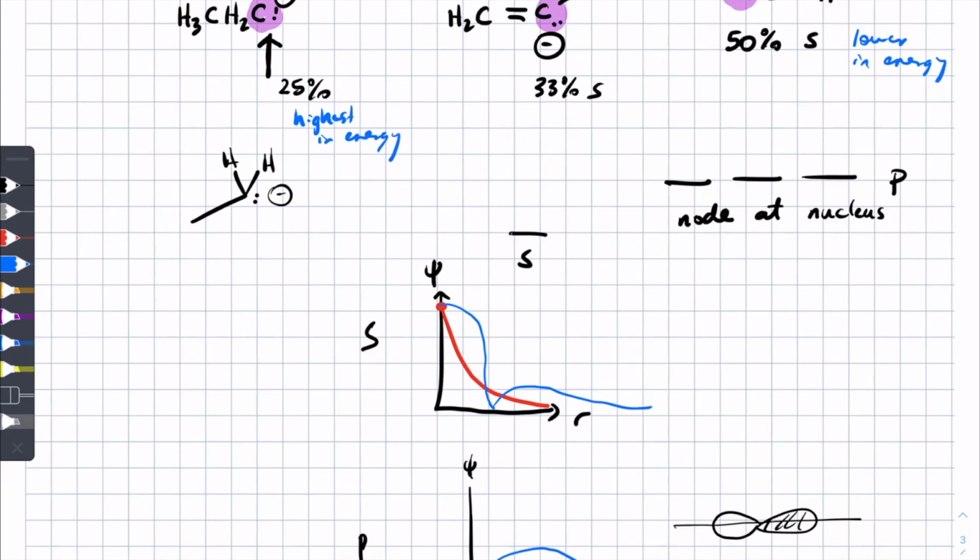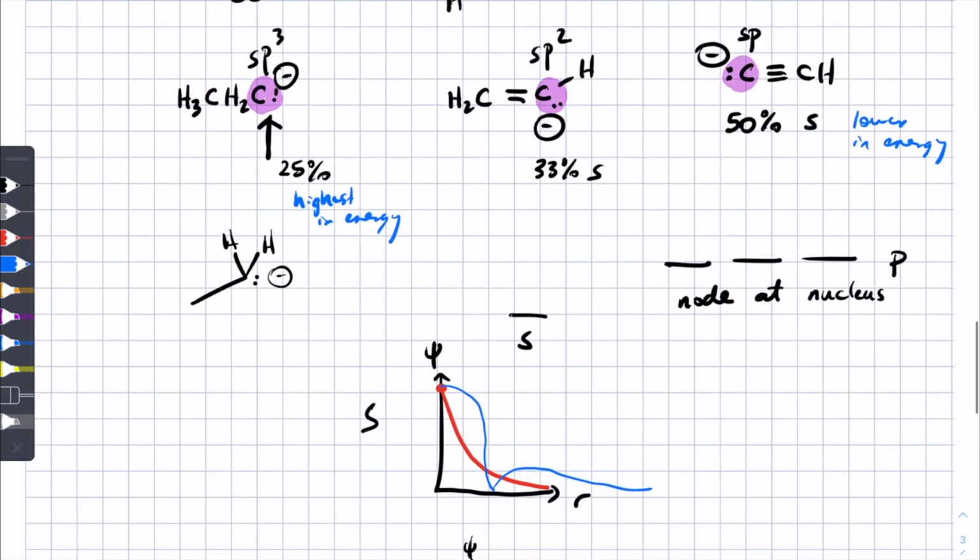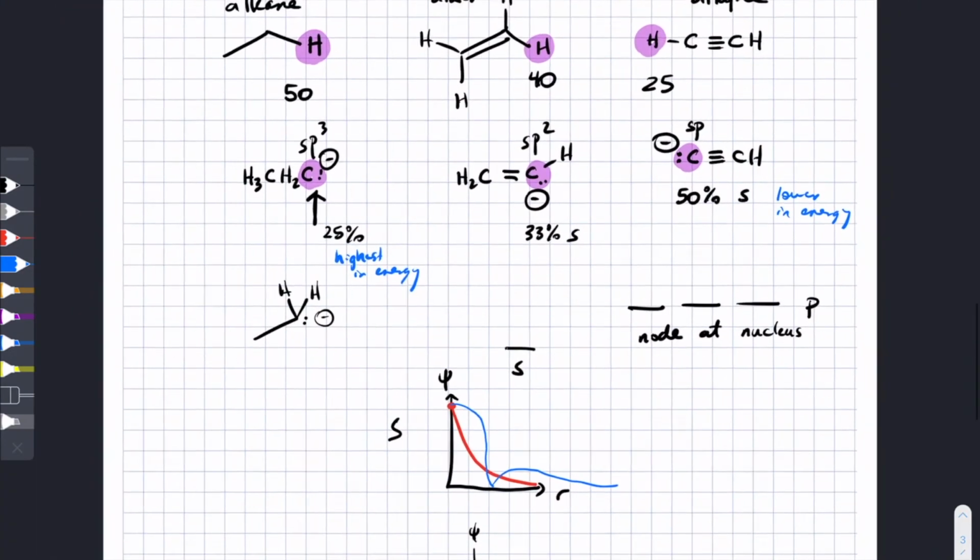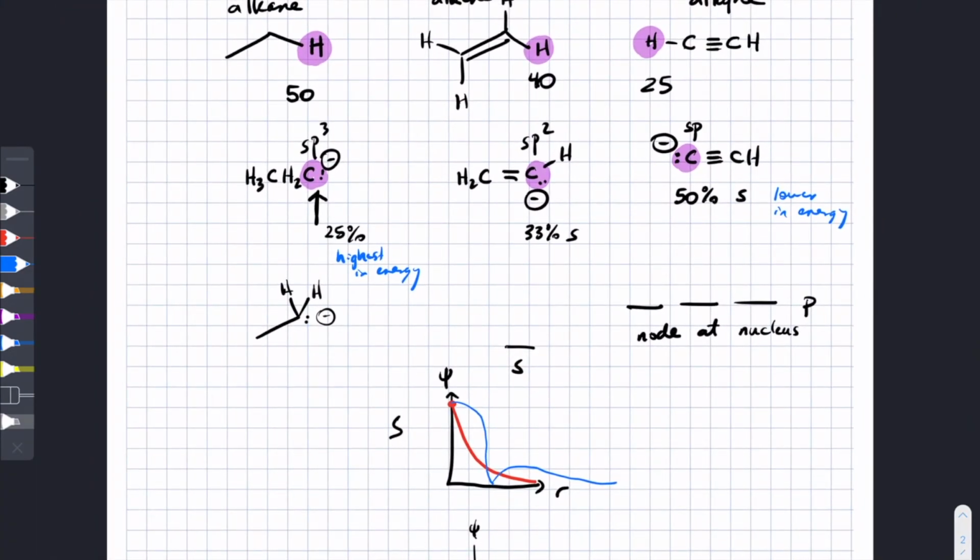So because an sp orbital is lower in energy than an sp3 orbital, a conjugate base in which the negative charge is held in an sp orbital should be more stable than one that is held in an sp3 orbital.